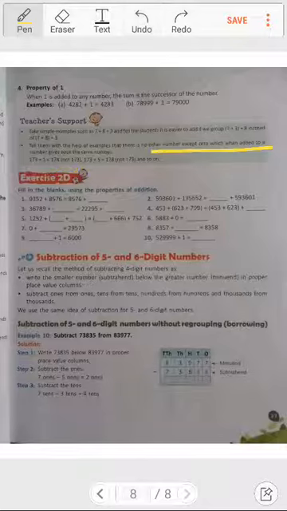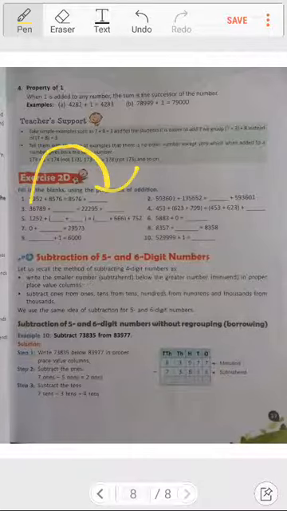Now if you see exercise 2D, I will be writing this and I will explain it to you the next day. Here the same ordering property is there, nothing is different. 8576 is there, so here 9352 will be coming. Yes, this number will be coming over here. This number will be over here, that is 9352. Why? Because it has been said that while in addition, if the order is changed, then no problem.